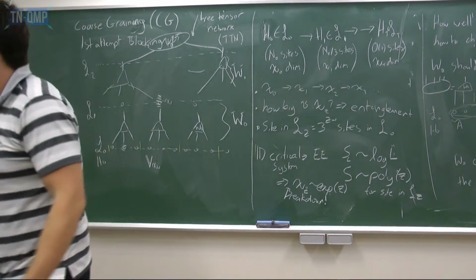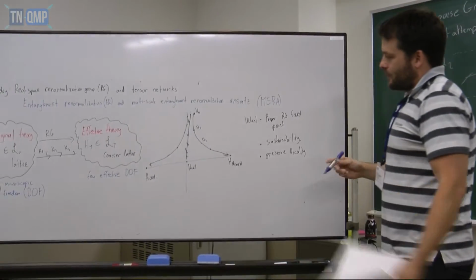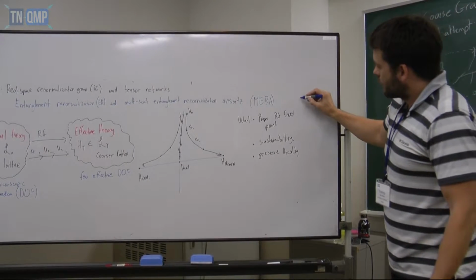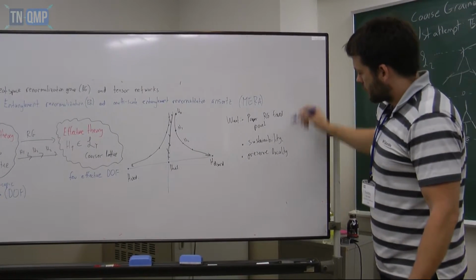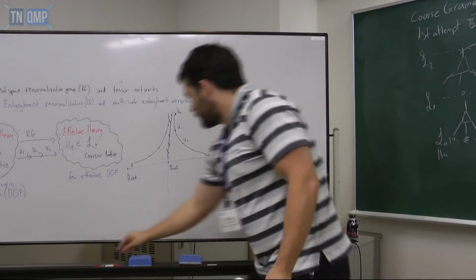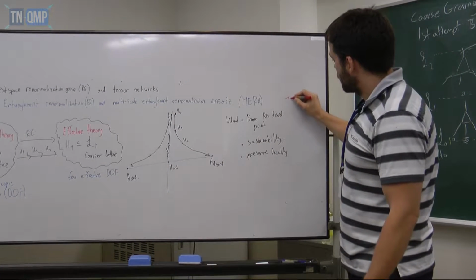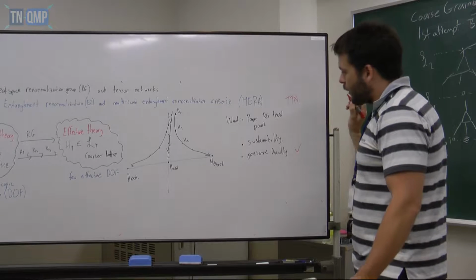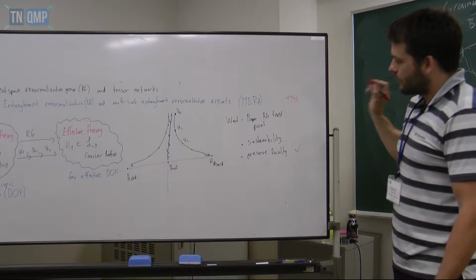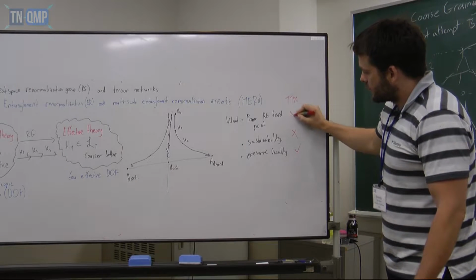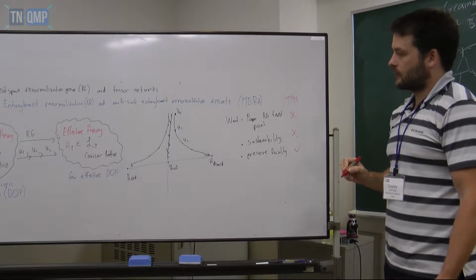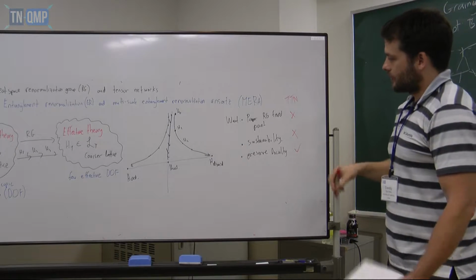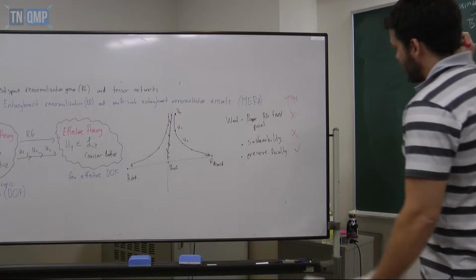We were talking about the tree tensor network. We saw this has the property of preserving locality. These two properties don't happen with this simple ansatz.